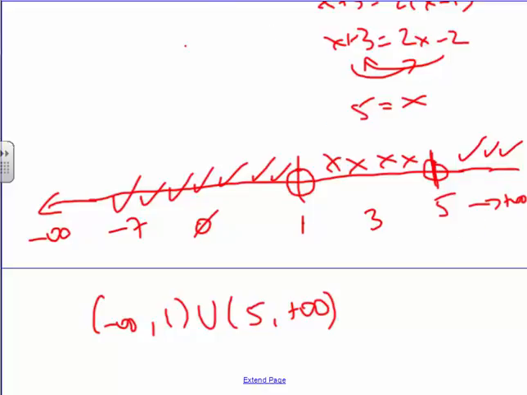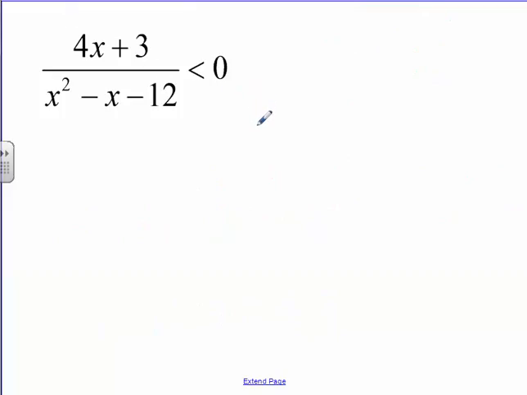So, okay, let's try another example. Let's try this one. And again, this is going to be really, really repetitive today, hey? Like we're doing the same thing over and over again. I should point out, if you feel like, during any of these videos, that you got it, you don't have to watch all the videos.